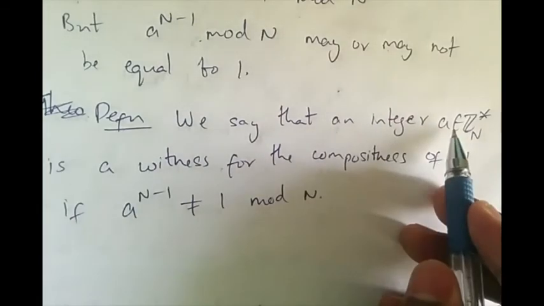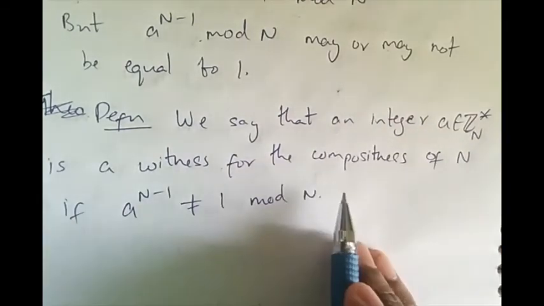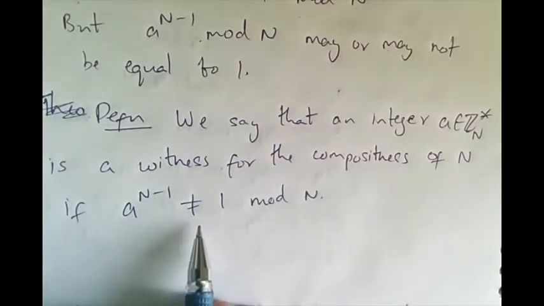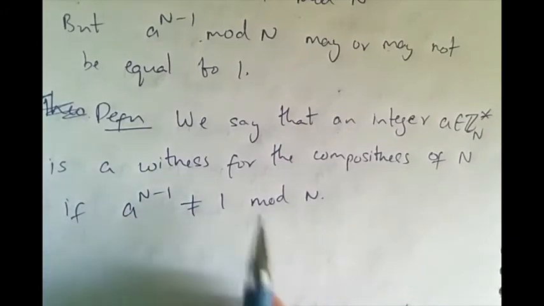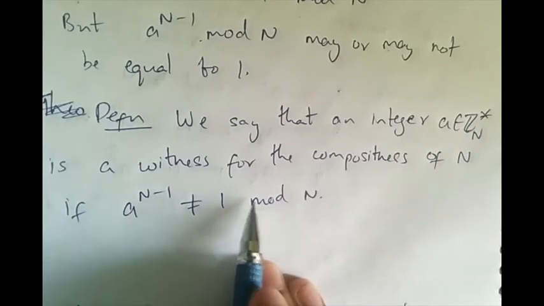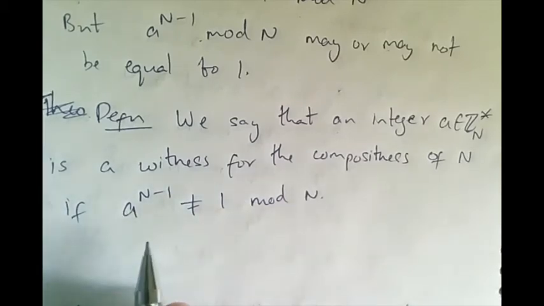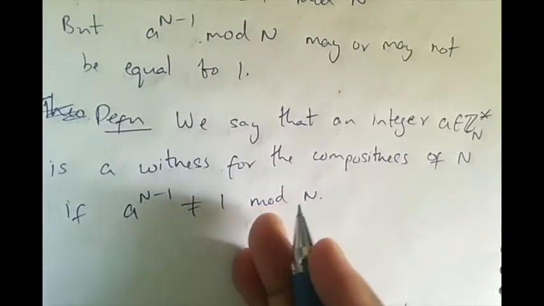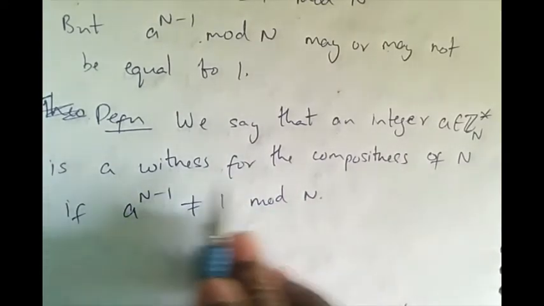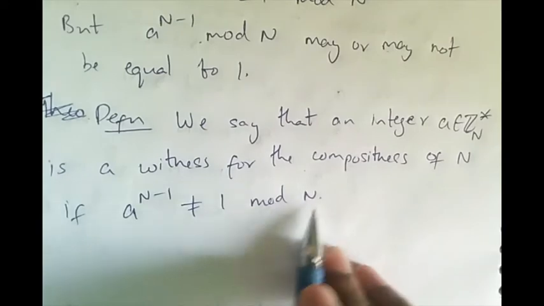So you have a is in Zn star, so a is going to be from 1 to n minus 1. Now if a raised to n minus 1 is not equal to 1 mod n, we know that n is not a prime. So this a is like testifying that n is not a prime. So it is a witness for the compositeness, the non-primeness of n.